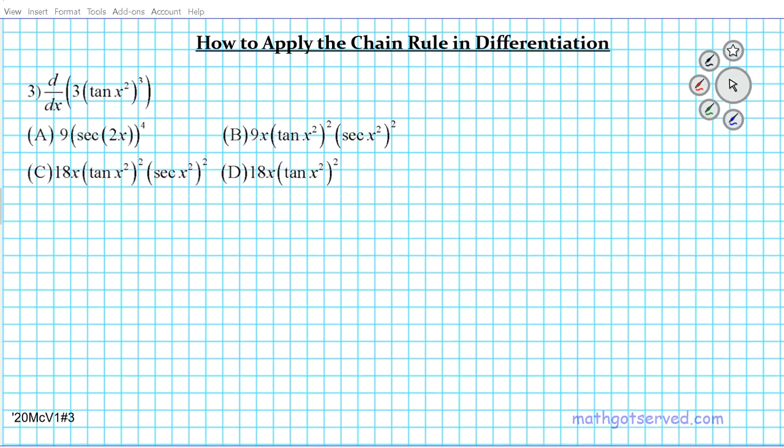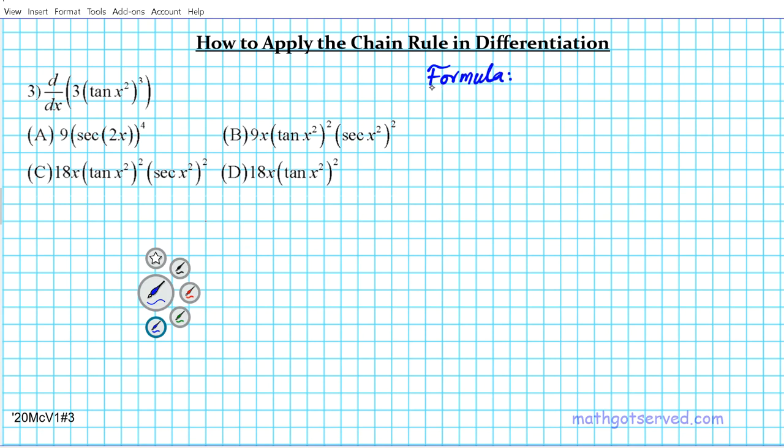All right, let's take a look at question number 3. In question 3, we're going to be learning how to apply the chain rule in finding the derivative. Okay, so let's go ahead and write down what the formula is for the chain rule. How do you know when you're using a chain rule? When you're looking for the derivative of a composite function, a function inside a function.